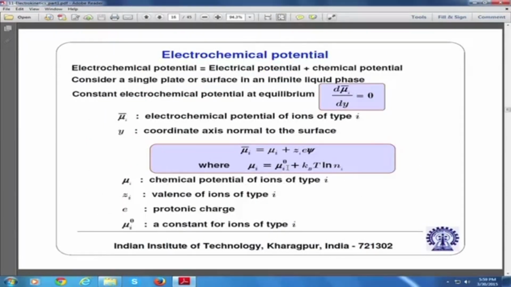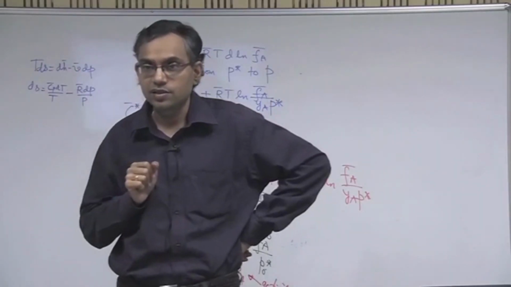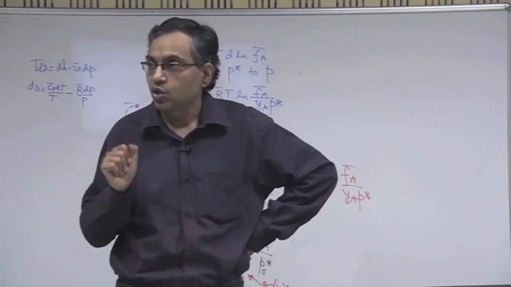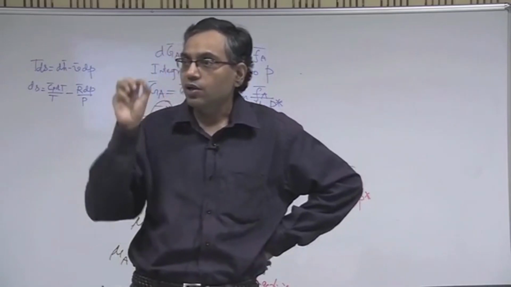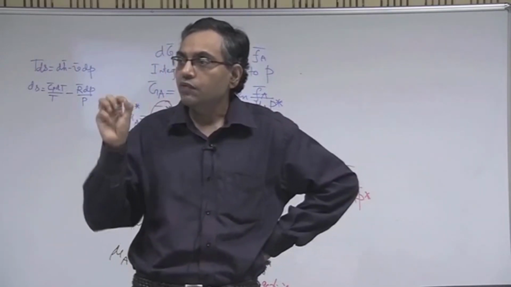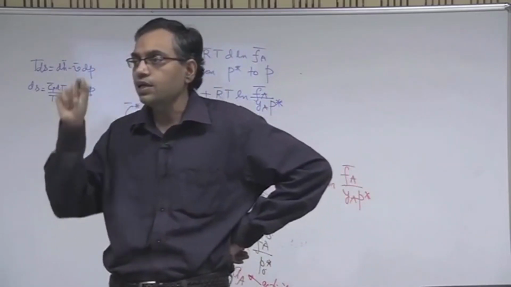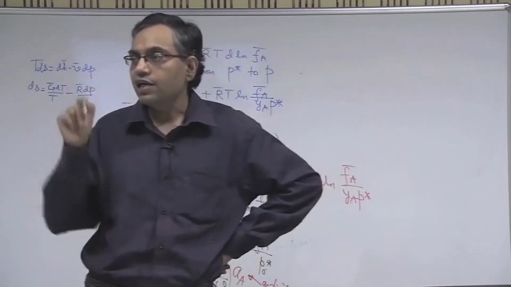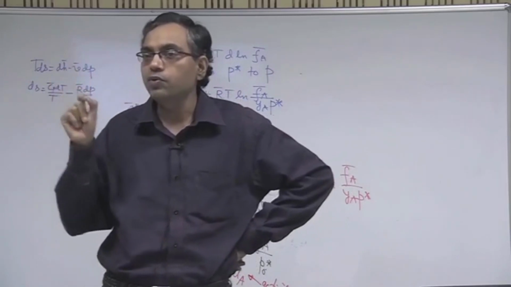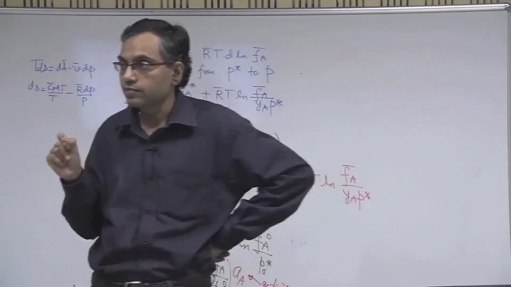Now what we have considered there is 1 mole, right. So for each ion, 1 mole of ion at standard state will contain how many ions? Avogadro number of ions. So for each ion you have to divide the expression by the Avogadro number. So whatever was RT ln YI, that R divided by the Avogadro number will become the Boltzmann constant kB.